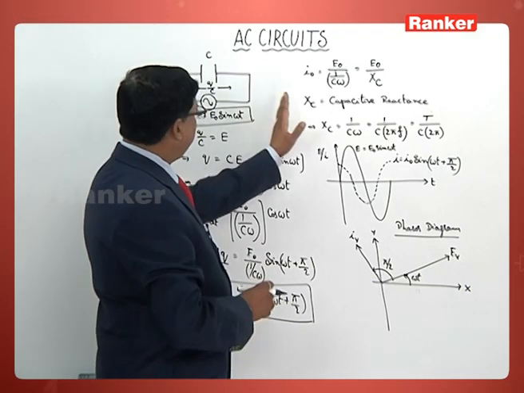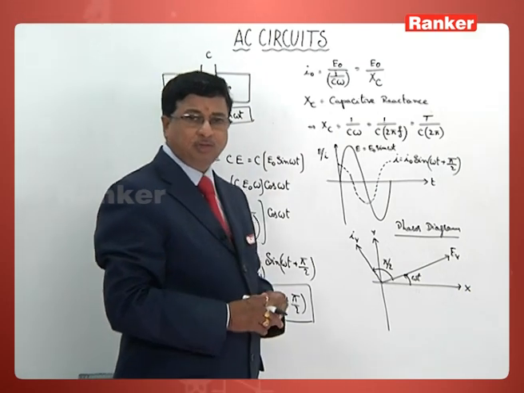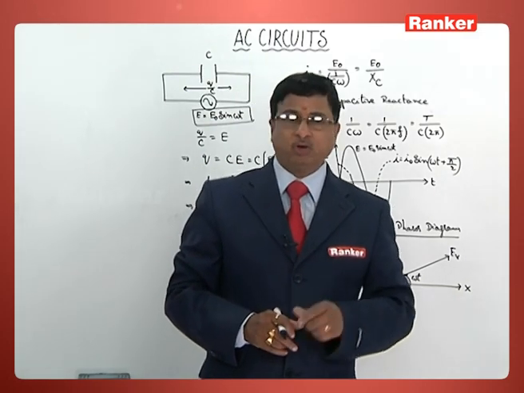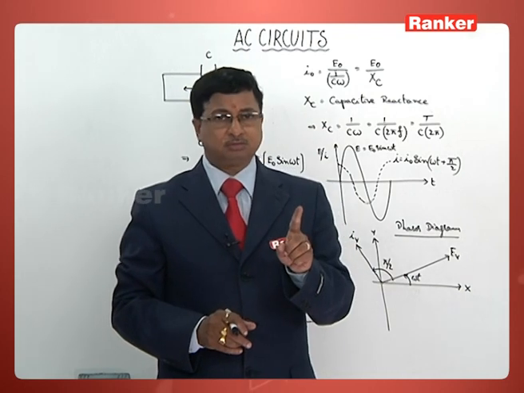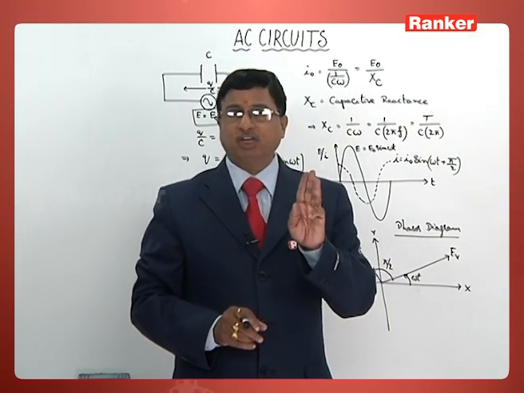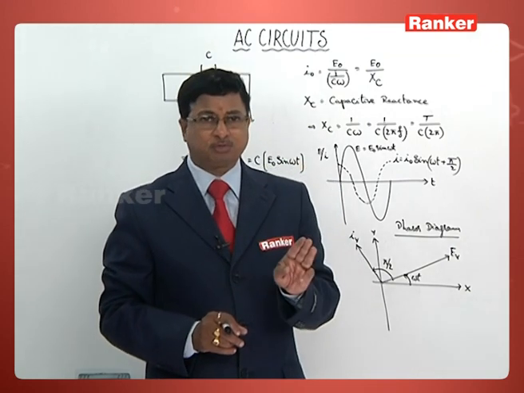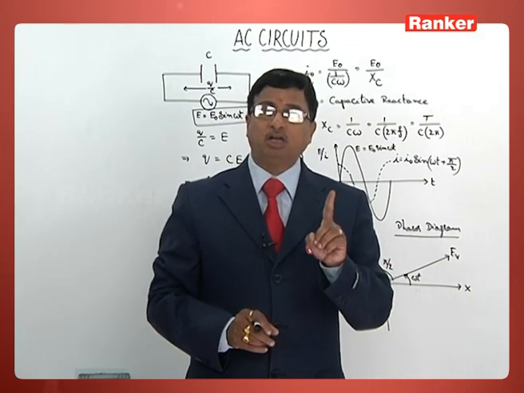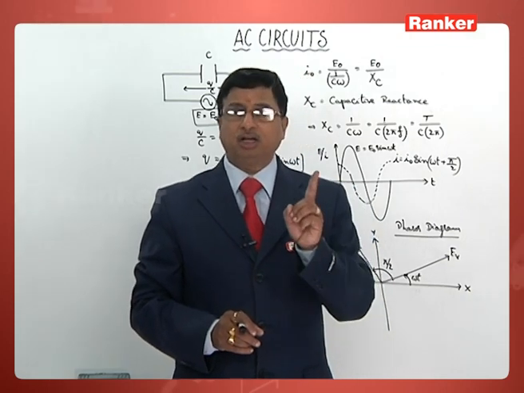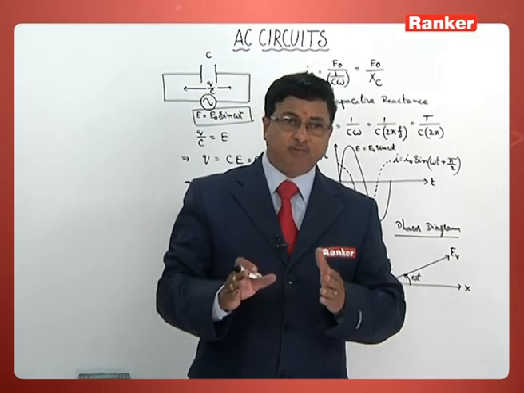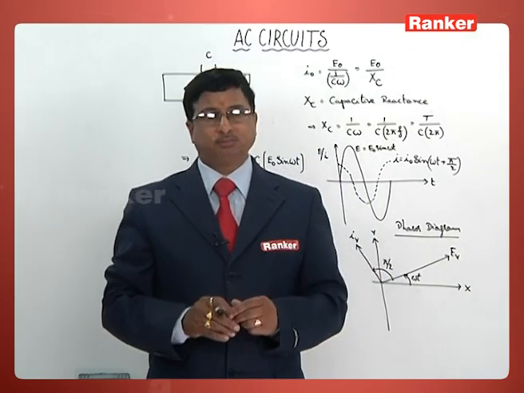So, if you can recollect all the three different circuits of AC, one is resistance circuit, one is inductance circuit, and one is a capacitance circuit. In the case of resistance circuit, both alternating EMF and alternating current are in the same phase. The phase difference between them will be 0.